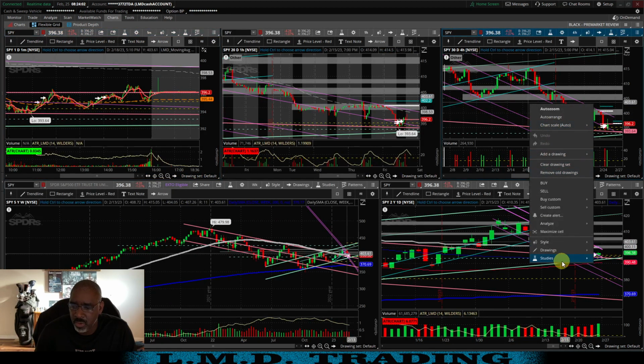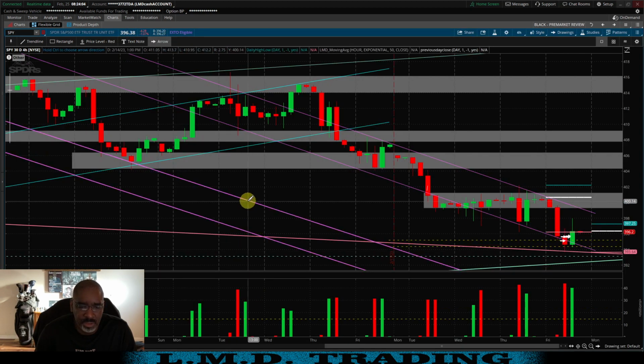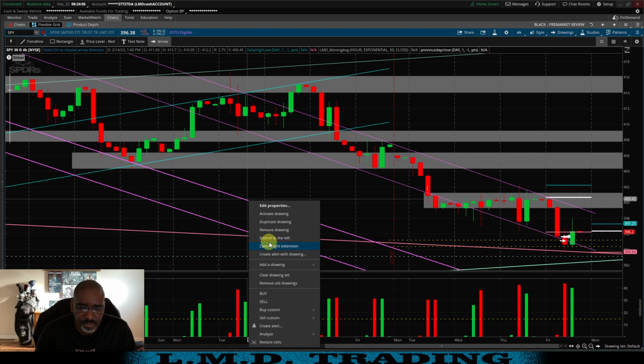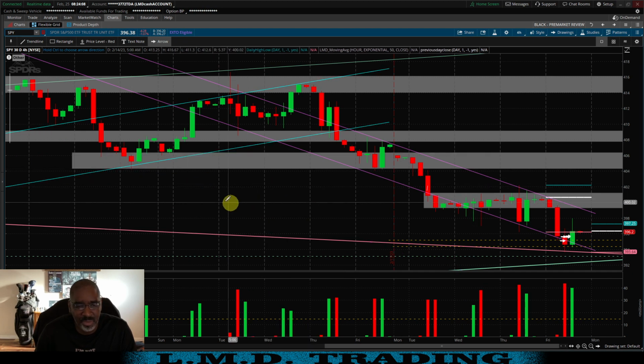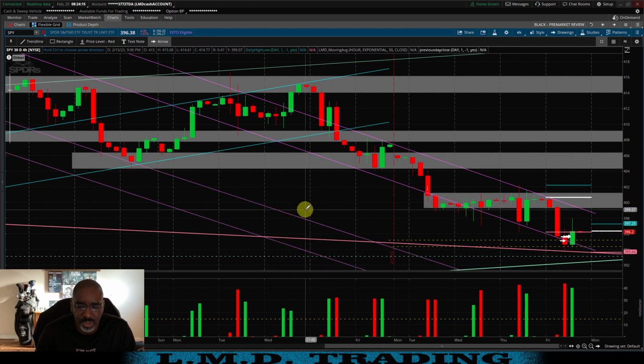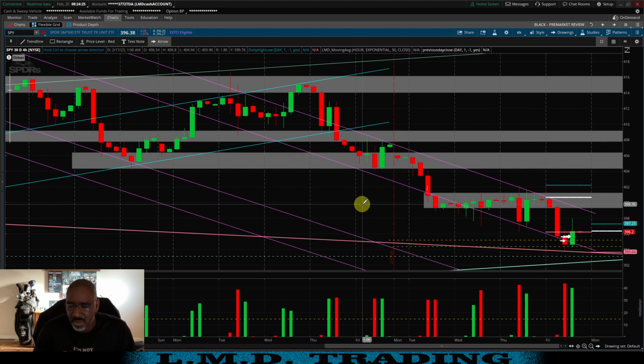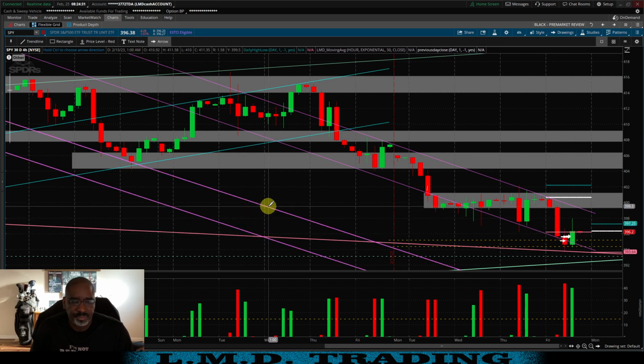Blow up the 4 hour real quick, and I'm going to delete this one because that's not in play. Probably could have left it, because if this breaks back out of that one, and I'll undo that. If this breaks out of this, like over here, you see that it used it as support to bounce back up. So if this breaks out of this down channel, it could use this one as support.